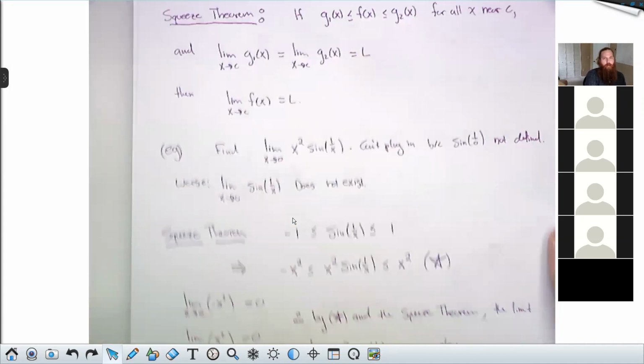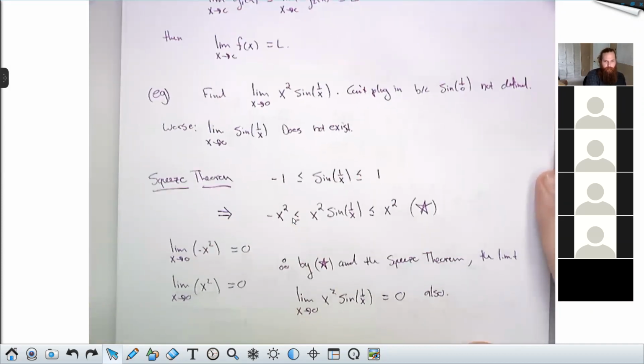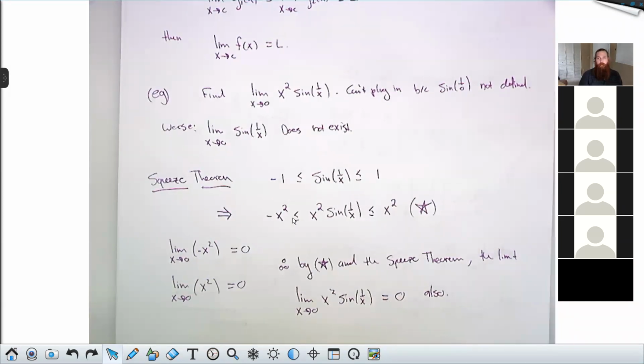So this theorem does two nice things for us. It gives you a way to find the value of the limit. It also guarantees that the limit exists because you're squeezed between two guys, both of whom have a limit at 0, and those limits match. So your limit must exist and match.